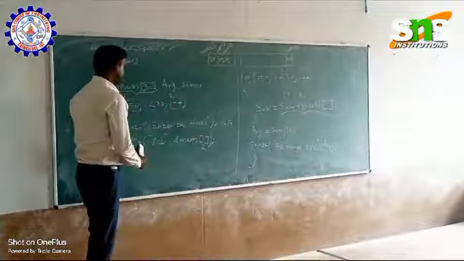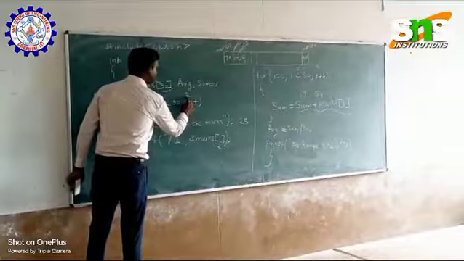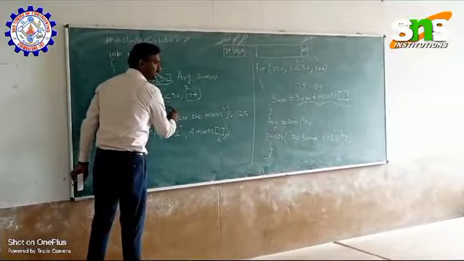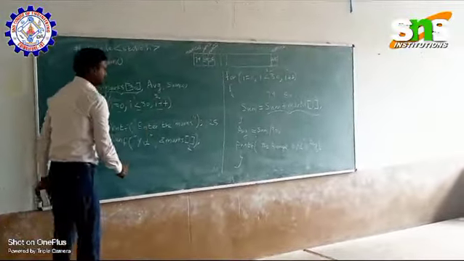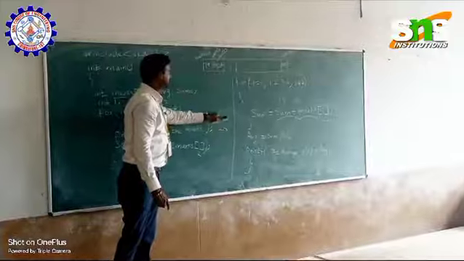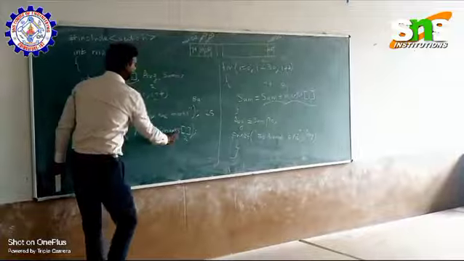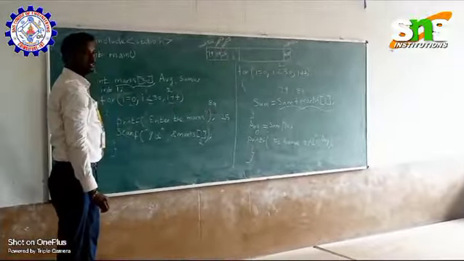The next step is that the i value is incremented by 1. Then again check the condition. Here the condition is satisfied, so the same process is repeated again. The second time the user enters, suppose, 89. The value 89 is stored in marks[1] because the i value here is 1.